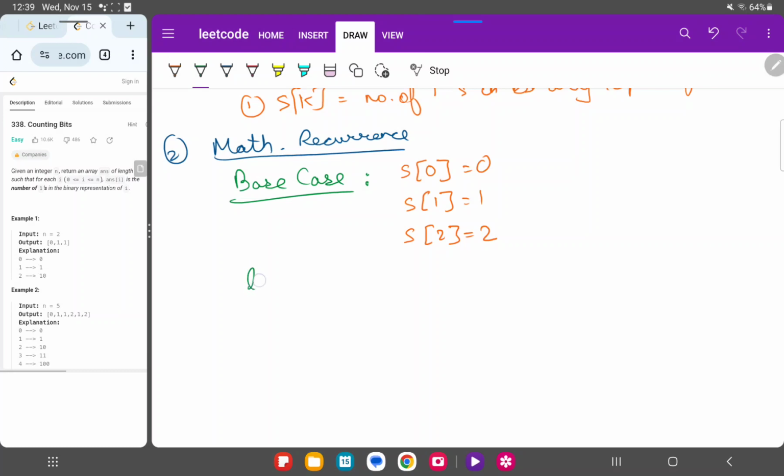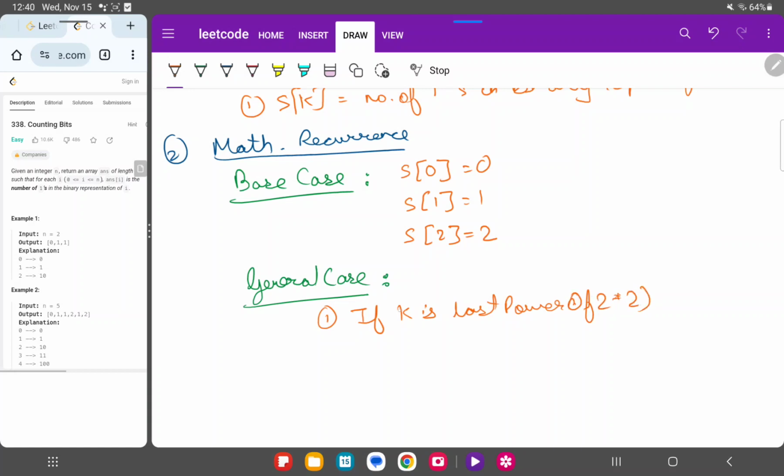If this is for the base case, what is for the general case? The general case would be, since we discussed that, if k is a power of 2, or we can say k is essentially last power of 2 times 2, basically a power of 2.